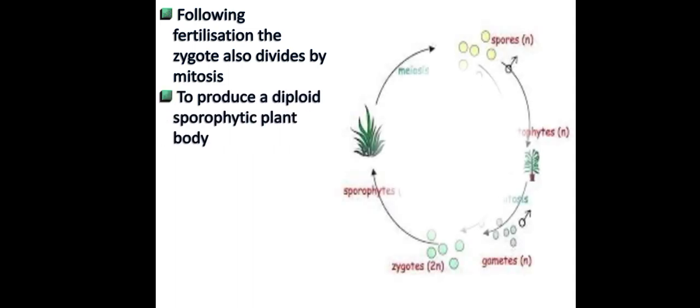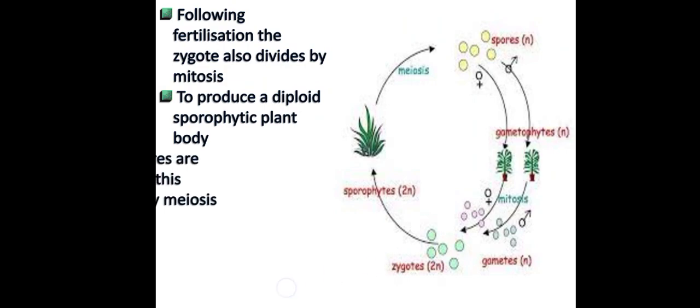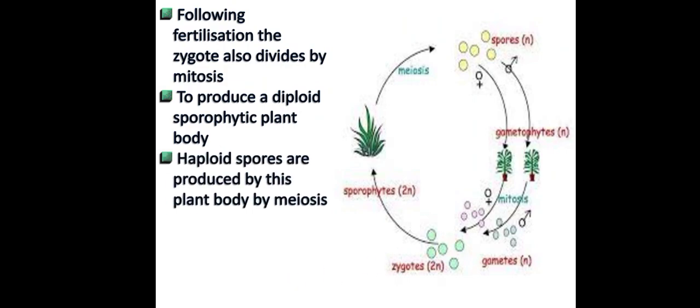If we explain it like this, after fertilization of the gametes, the diploid zygote forms, and then it divides by mitosis and forms the diploid sporophytic plant body. Then haploid spores are produced by this diploid sporophytic plant body by meiosis.